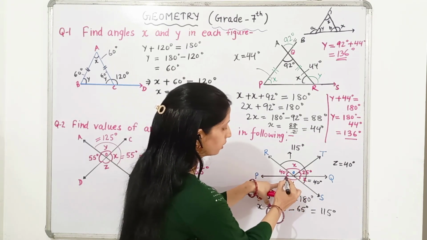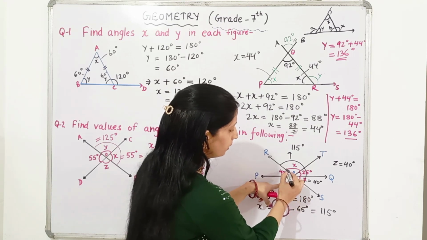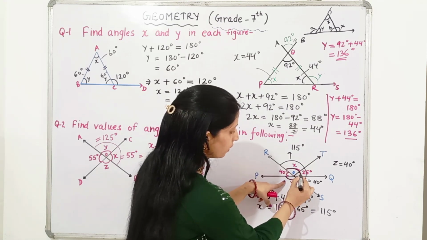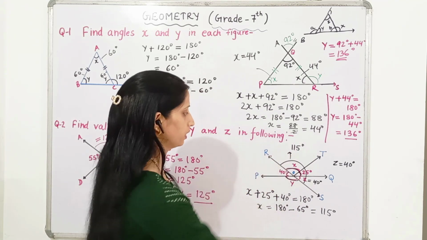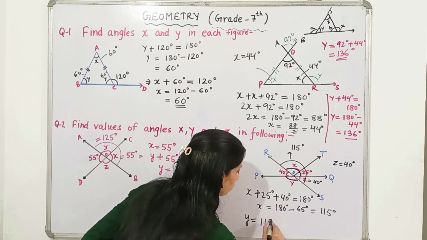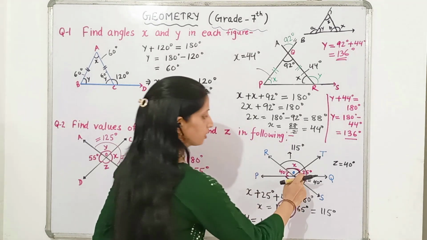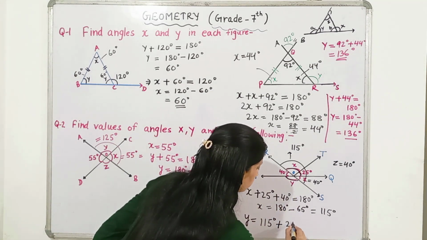So that is angle x, and this is y we have to find out. We have to find out this value. So what will y be? y will be x plus 25. Okay. So x we know is 115. y will be 115 plus 25. Let's write 25.